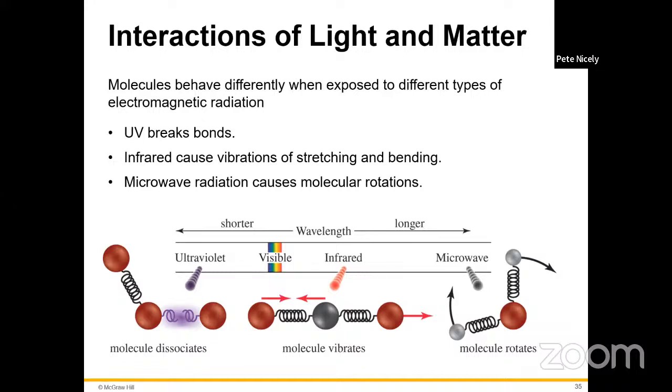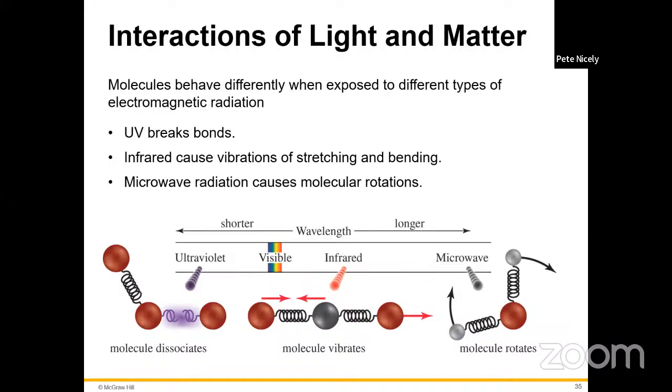Infrared is not that energetic. It's not as strongly energetic as ultraviolet, but the effect it will have is that it will cause the atoms to vibrate around a central point in the bond, right? And when it comes to microwave radiation, the effect that it would have on the molecules is that it would cause them to rotate, all right?